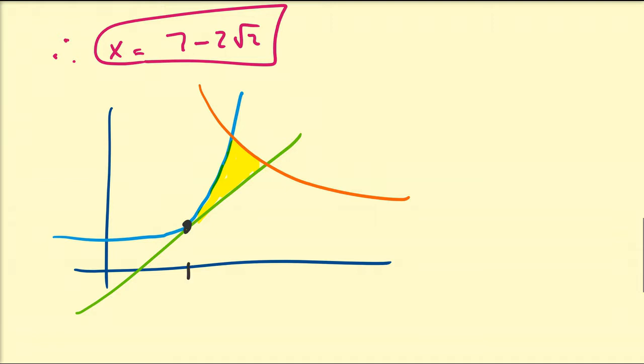This point we already found. So A is equal to 1. This value was equal to 10 thirds. And this value here is equal to 7 minus 2 root 2. Alright, so how can we find this area? I'm going to break this area down into a few pieces.